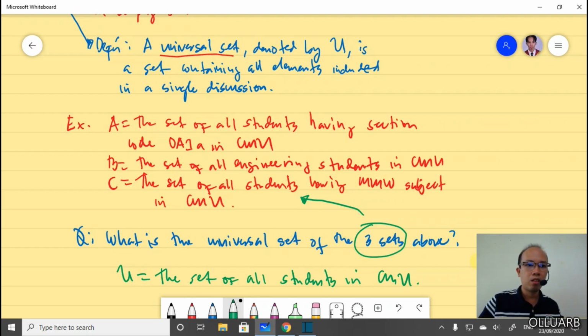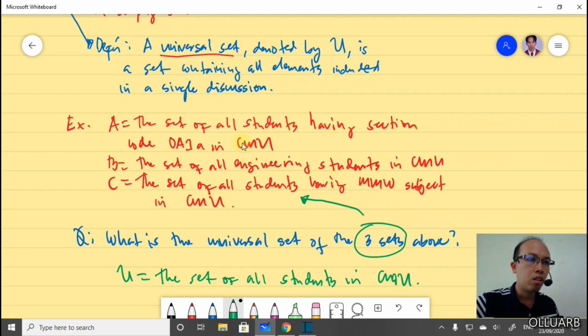Notice that if a student in the set A, let's say Anna, has a subject which has a section code OA1A, so Anna belongs here, but Anna also belongs to the set U, because as you can see here, the set U is the set of all students in Central Mindanao University.